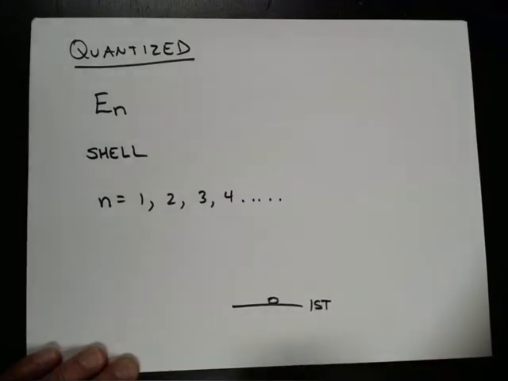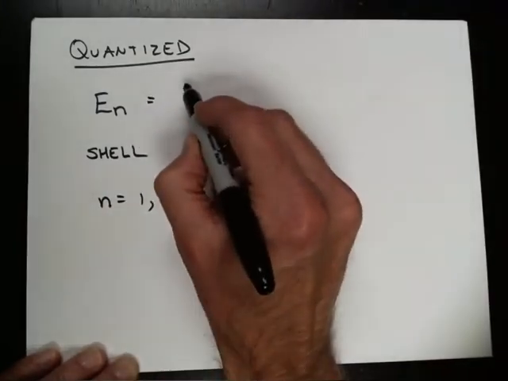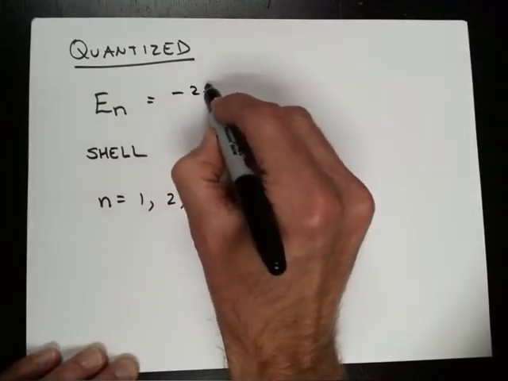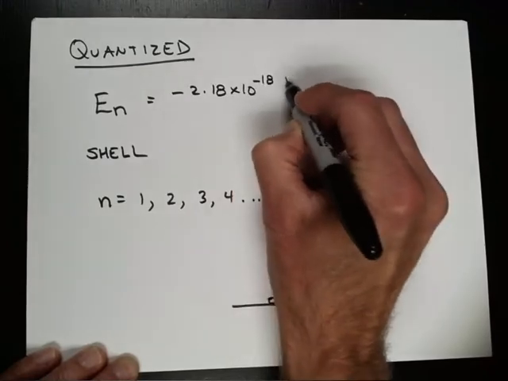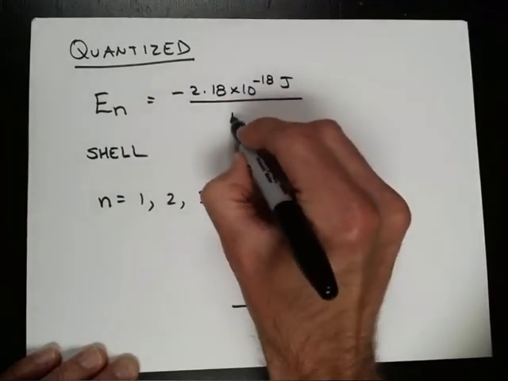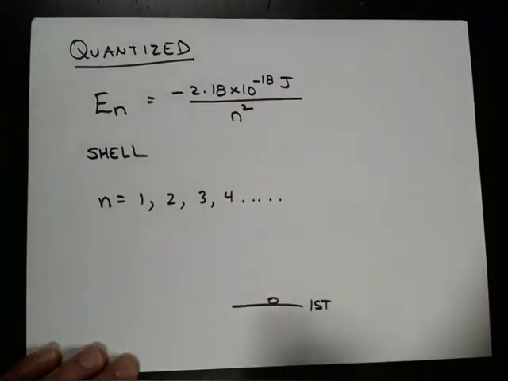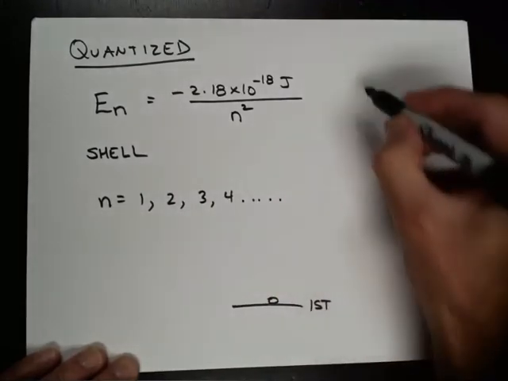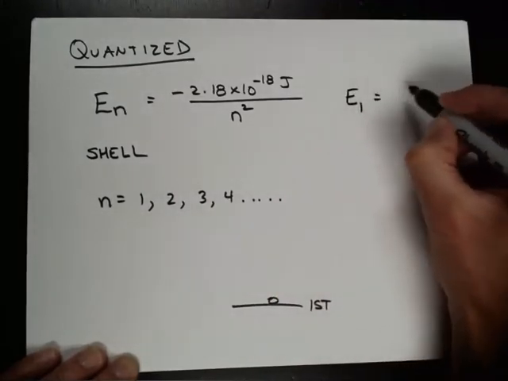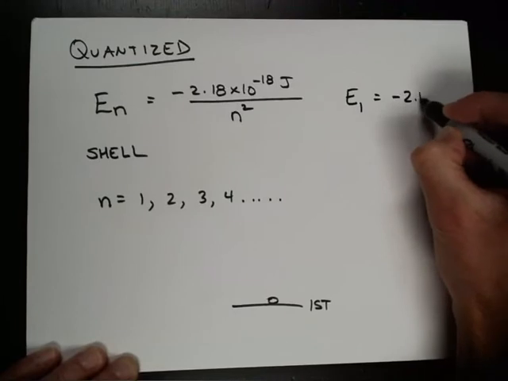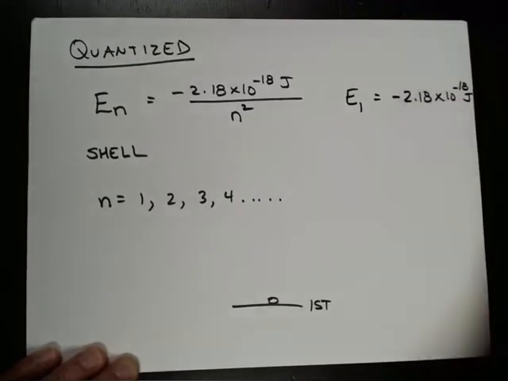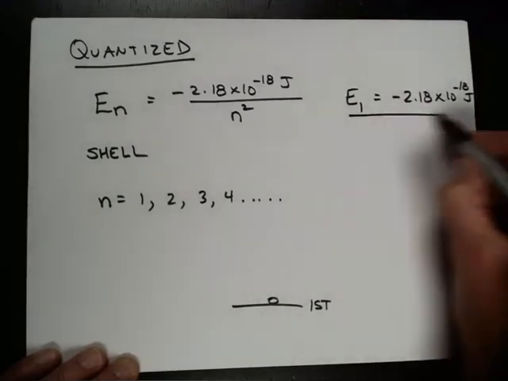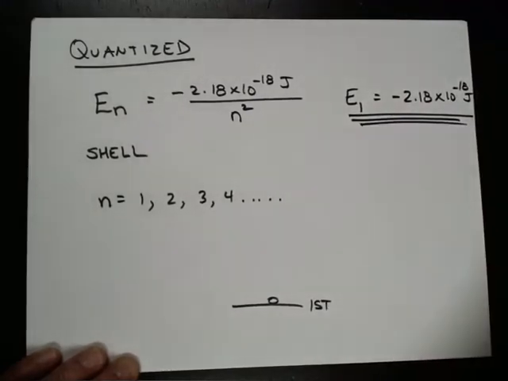The energy of that particular electron is going to be negative 2.18 times 10 to the negative 18 joules divided by the shell number squared. So this electron in the first shell would have an energy of negative 2.18 times 10 to the negative 18 joules divided by 1 squared, which is just 1. So that's the energy of an electron in the first shell.